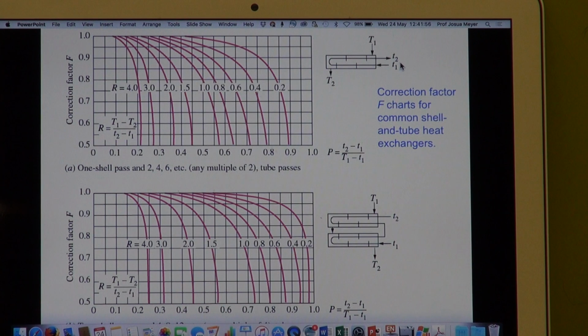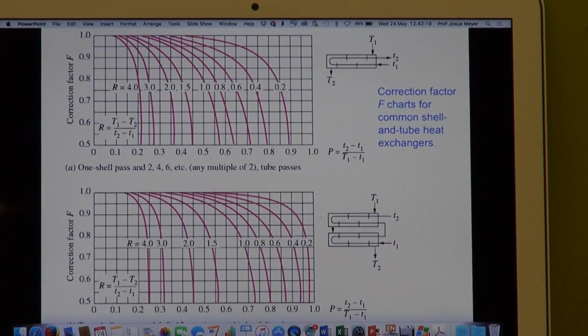So the small t's is used for the fluid stream on the inside. And there, with the capital T's, we can see how it looks, the inlet fluid there and the outlet fluid. So if you just make sure that the capital T's and the small t's are aligned, then you'll be able to correctly calculate P and R and then the correction factor. We're going to do an example like that.